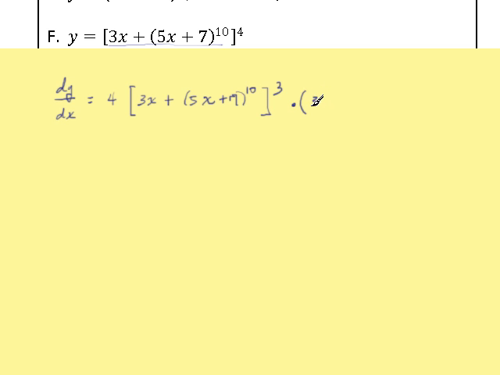So we have 3 plus, okay, now the derivative of this term is 10, (5x plus 7) to the 9th times 5. Okay, so that's the derivative of the inner, what I underlined. Okay, so there we have a derivative of outside times derivative of inside.